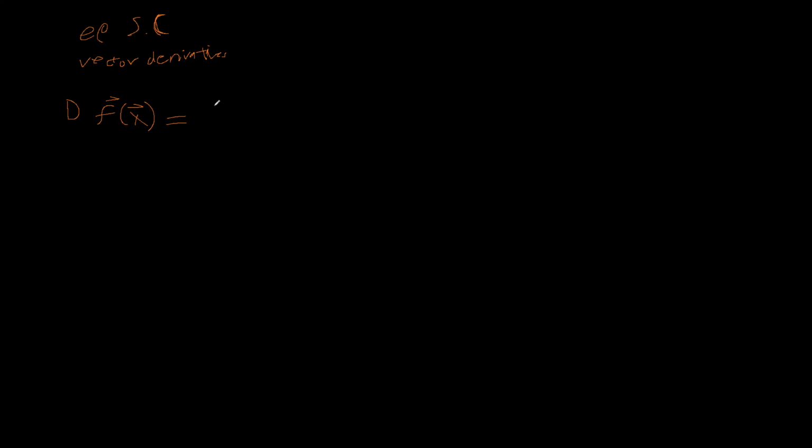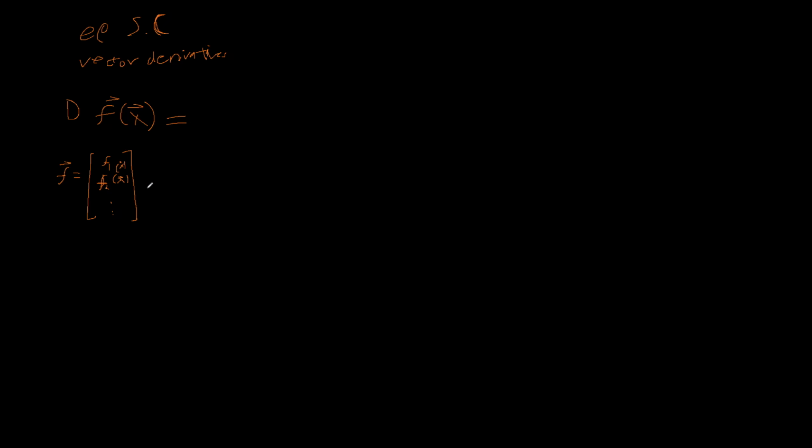Well, this is simply the gradient, because if you remember, f is equal to f1, f2, dot dot dot, right? Then we have to consider all of these functions, f1, f2, they all have derivatives.